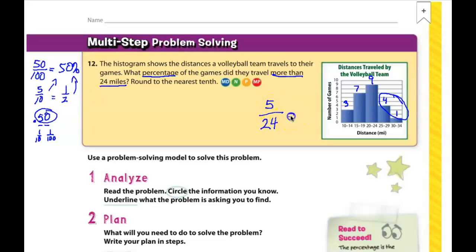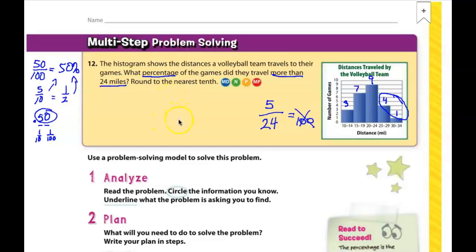One technique we used for some problems is to multiply 24 times something equals 100, but there's really no quick answer for that. It's going to be some kind of decimal. So instead of doing that, we're going to convert this fraction into a decimal, and we do that by using what operation?